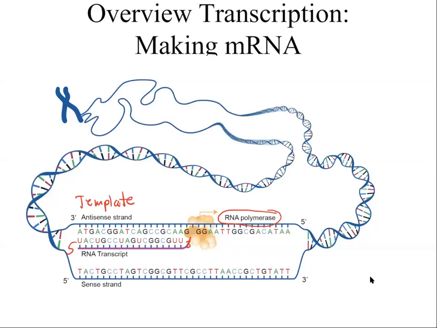And then the other side is actually going to become known as the coding strand, often the sense strand, because if you look at the RNA that gets made, you'll see that the template equals the nonsense strand and the sense strand equals the coding strand. What's happening here is this new RNA that gets made is identical to the side of the DNA molecule that's not being used as the template.